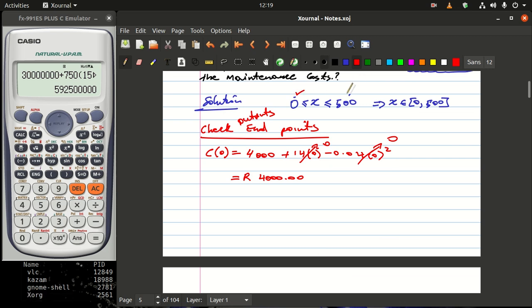And then the second thing is to check C of 500.